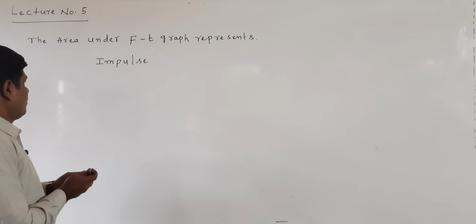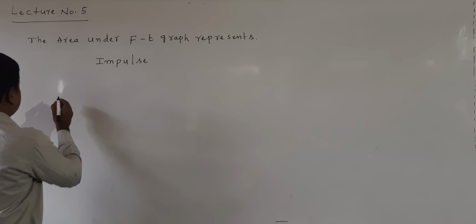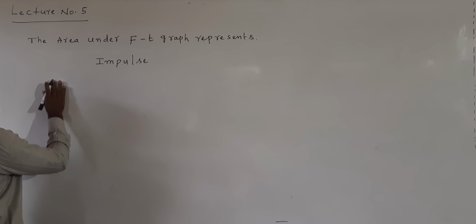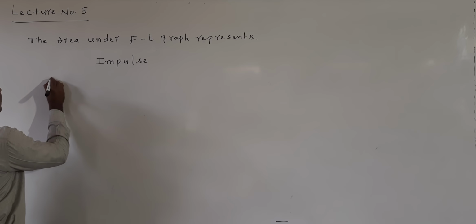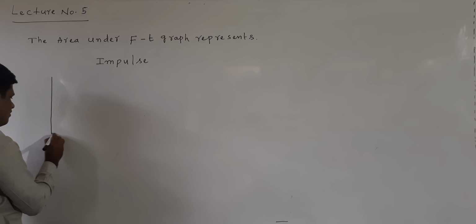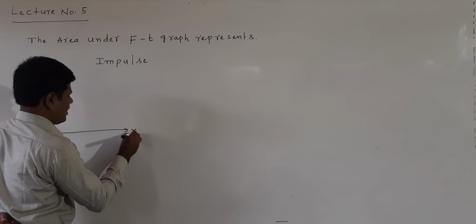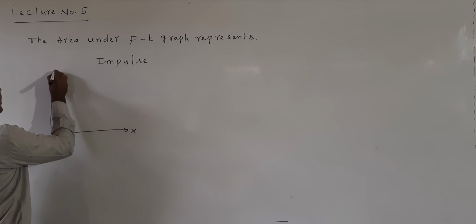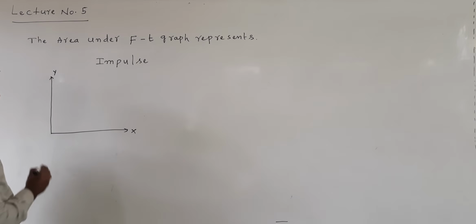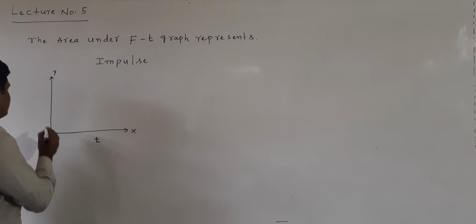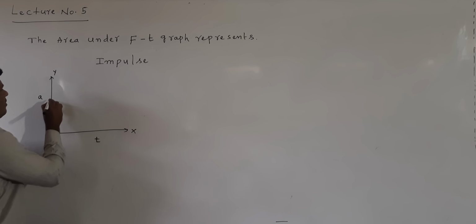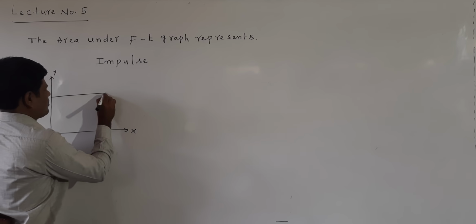Suppose we are drawing a graph, as we already studied in motion in a straight line. This is the x-axis and this is the y-axis. On the x-axis I take time, and on the y-axis I take acceleration. The area under this graph represents what?